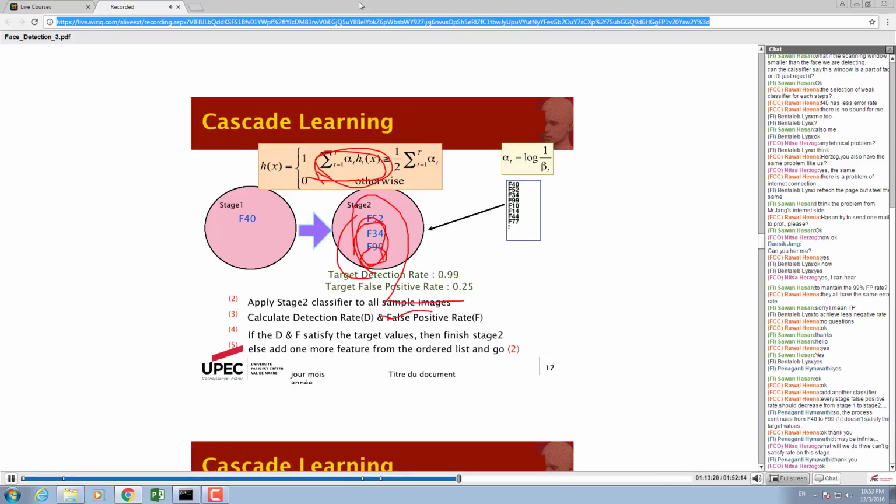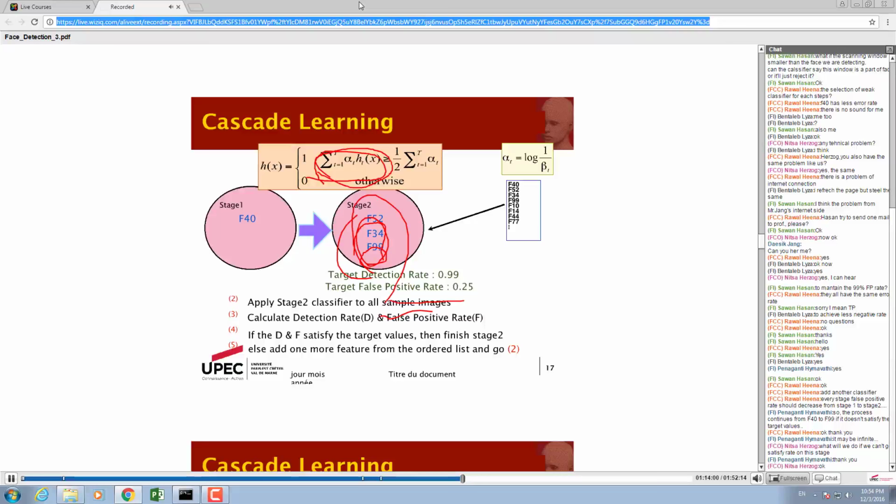Okay, so let's consider stage one. In stage one, we couldn't satisfy the number, so we added all 2,000 features, 2,000 reclassifiers, to stage one. Actually, you can imagine this is the same as the original concept of the strong classifier from AdaBoost, right? A strong classifier means summing all the selected reclassifiers, 2,000. That is one strong classifier before cascade.